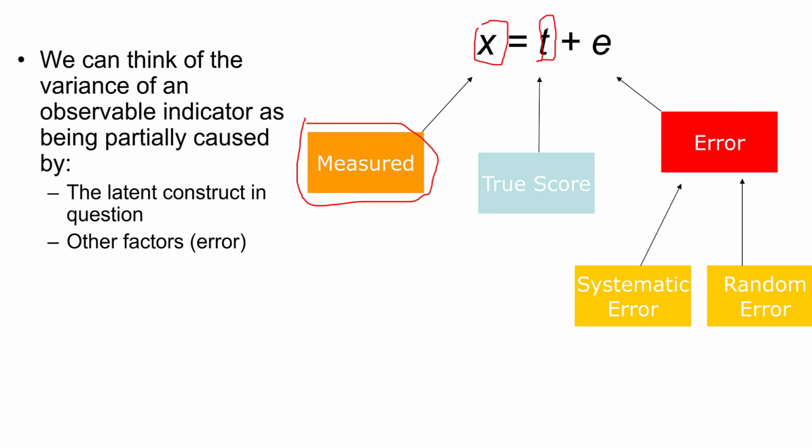That's how much the person is really depressed. And the other part is error. So there's things that the person filling out that self-report is thinking about other than their depression. There could be random error, they read the question wrong. It could be systematic error, that really it's measuring something else like negative affect or anxiety or something else that's not part of depression.